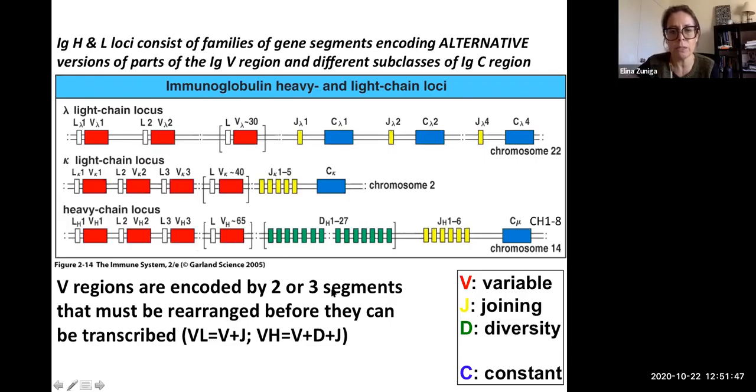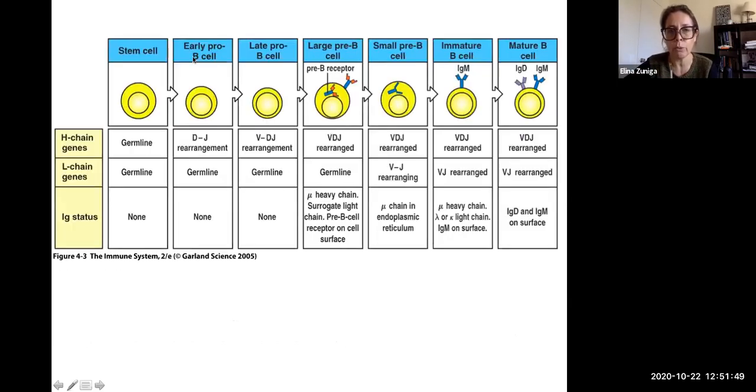So how does this occur and in which order throughout the development of the B cells? Here you have in the first row the loci of the immunoglobulin heavy chain, in the second row the loci of the immunoglobulin light chain, and in the third row the status of the immunoglobulin on the surface of the developing B cell.